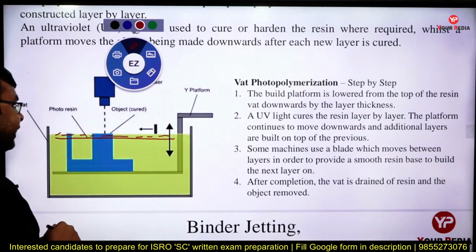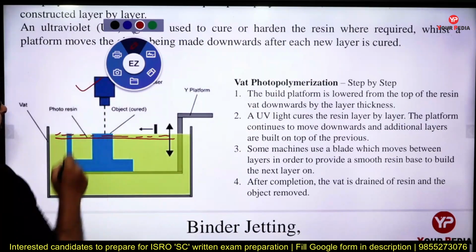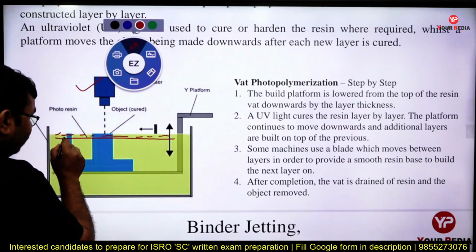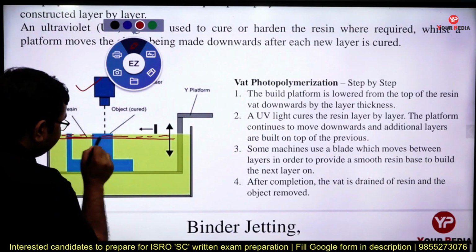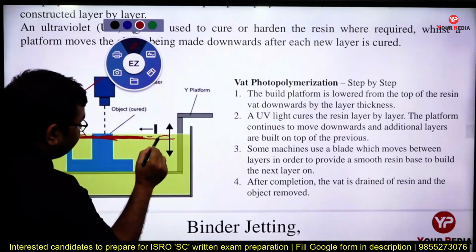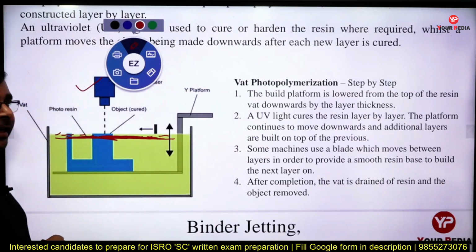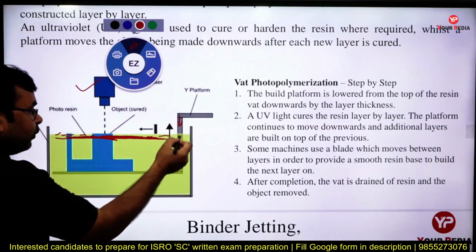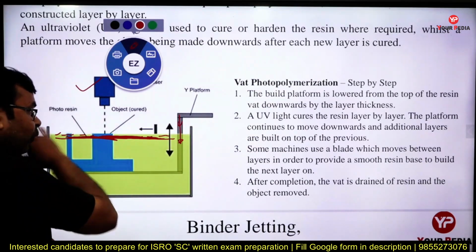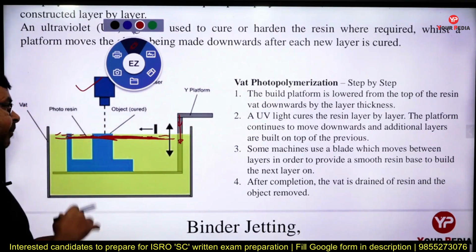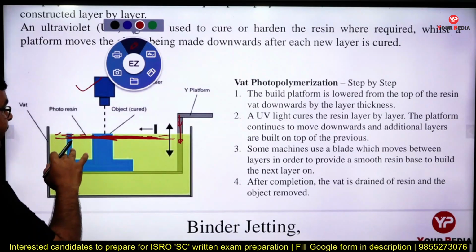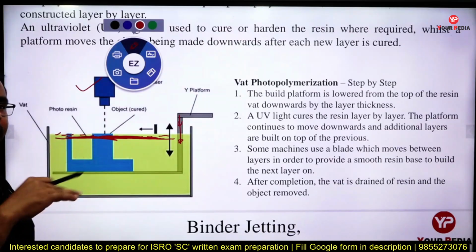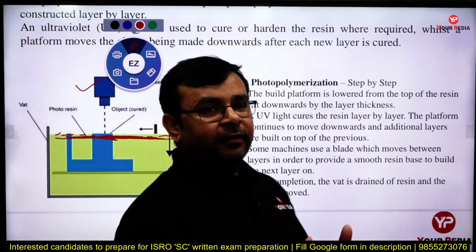Then according to the shape, the power source cures that polymer. So, the polymer is cured over this surface like this. This is the first layer, according to the size, and after that the platform moves in the downward direction. Then again over the layer the polymer is provided, and after providing the polymer we cure again. So, like this you can cure the polymers layer by layer, then you can get our final product.